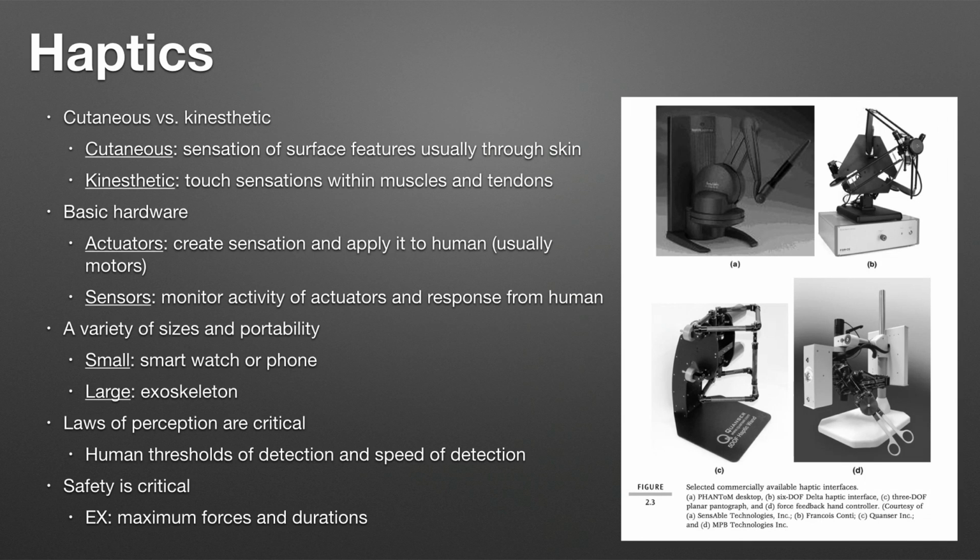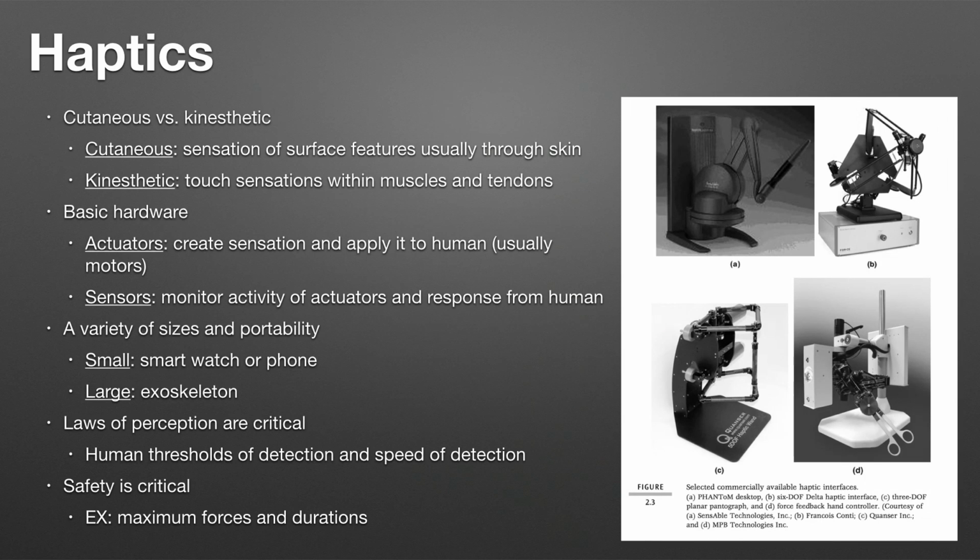When we think about it more broadly, there are two categories. We can think about cutaneous versus kinesthetic haptics, with cutaneous being things usually felt through the skin, and kinesthetic being more through muscles and tendons.